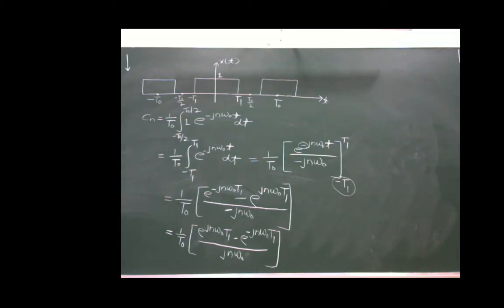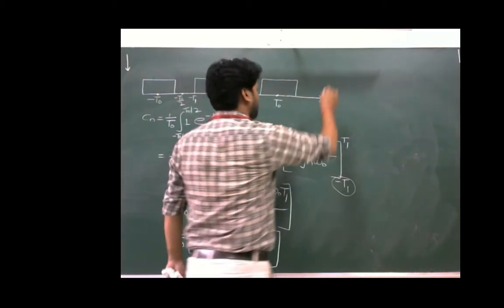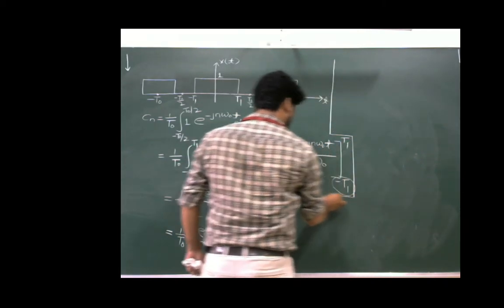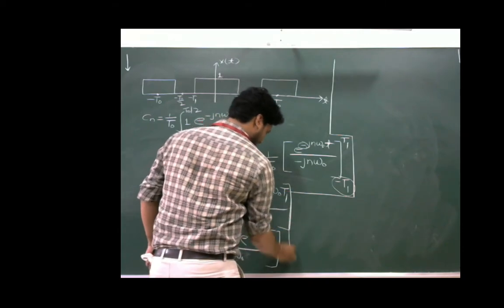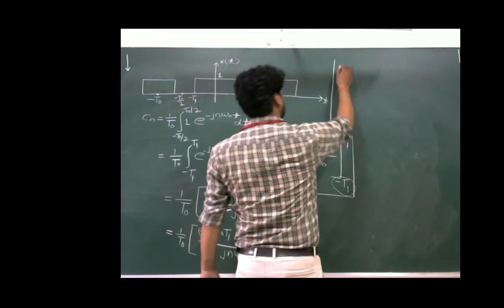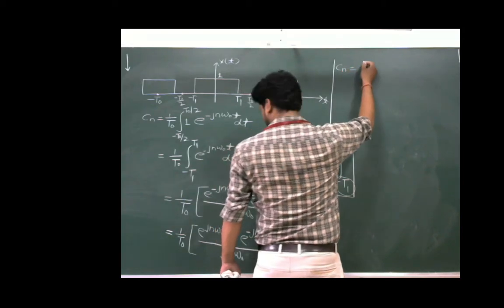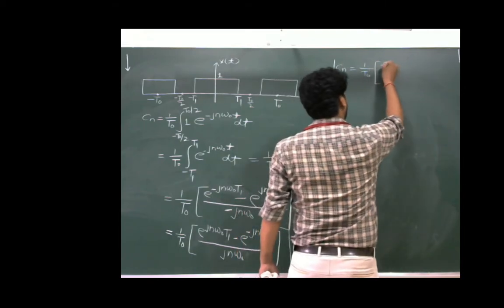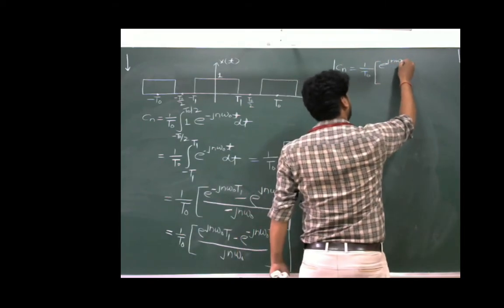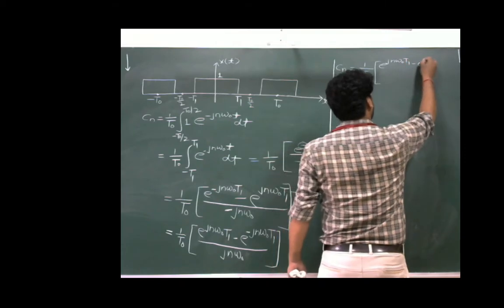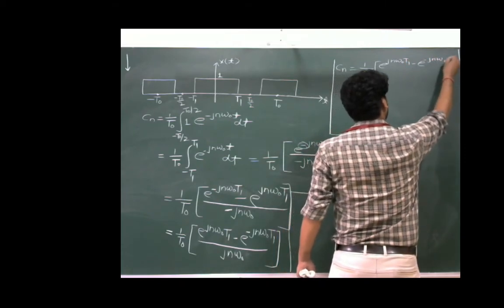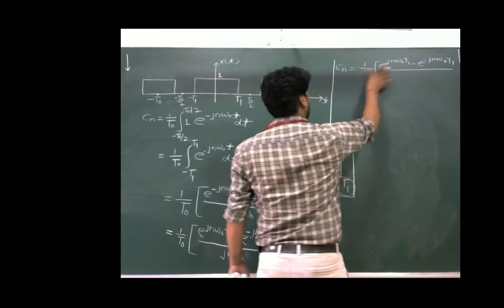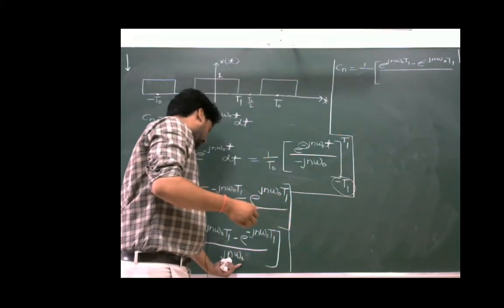Now this will become, after further simplification, this Cn will become equal to 1 upon t naught, e power plus j n omega naught t1 minus e power minus j n omega naught t1 divided by, I will put n omega naught outside of this bracket.